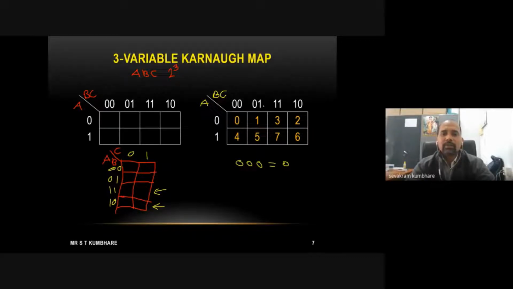Similarly, 0 0 1 equals 1, so this has value 1. 0 1 1, so this is 3. 0 1 0, so this is 2. 1 0 0, this is 4. 1 0 1, this is 5. 1 1 1, this is 7. 1 1 0, this is 6. So these are the decimal equivalents for these cells.